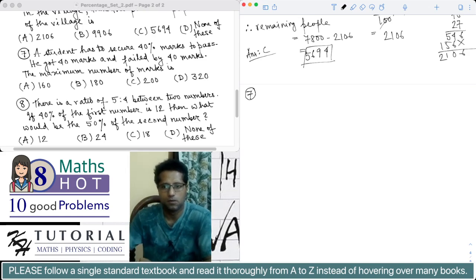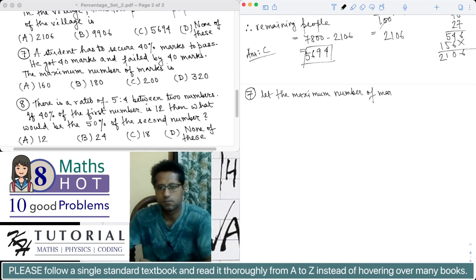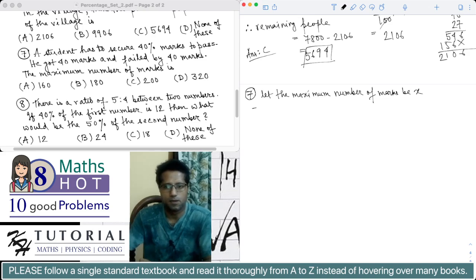Okay, so let the maximum number of marks be x. This implies the pass marks will be equal to 40%.